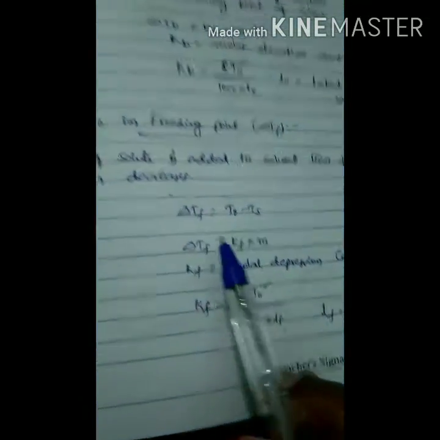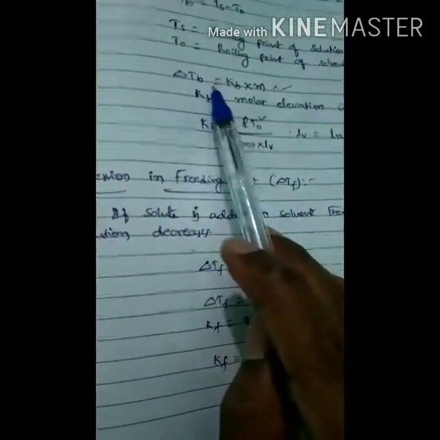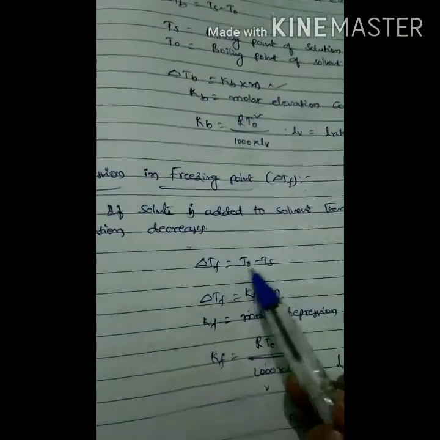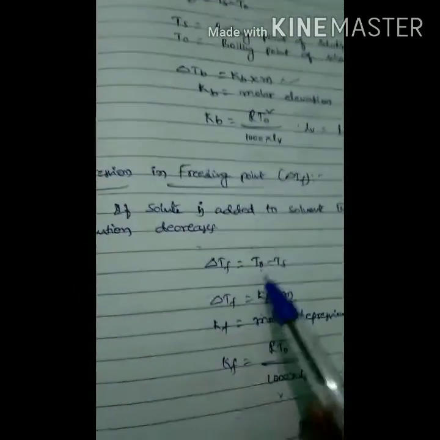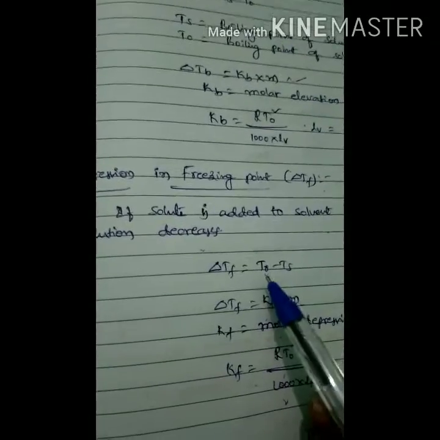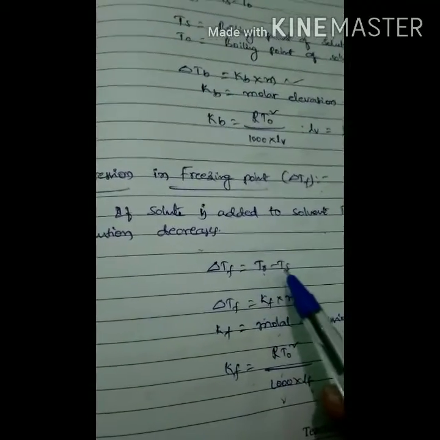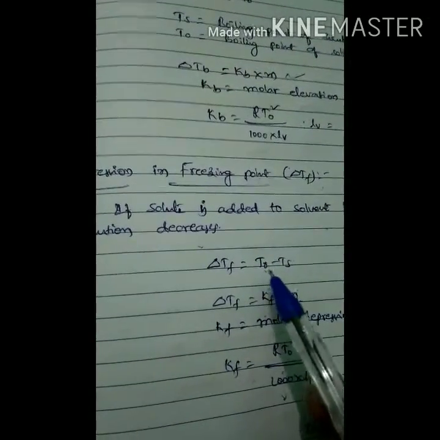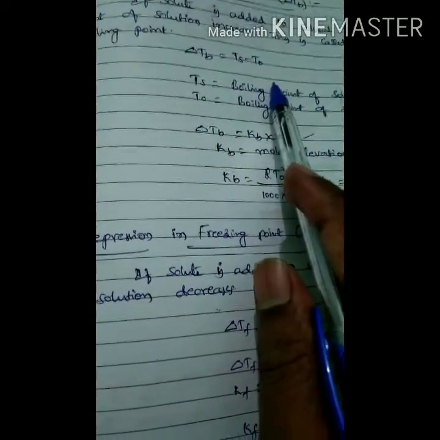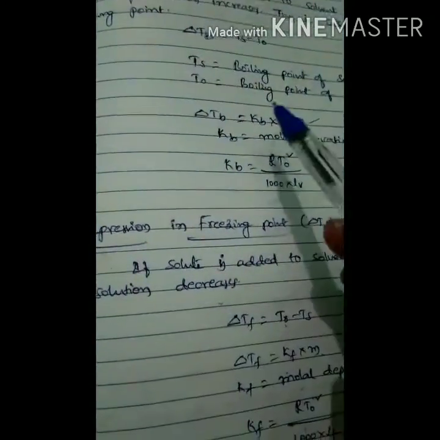And one more point. Here delta Tb equal to Ts minus T naught. But here it is T naught minus Ts, because in this case the freezing point of solvent is more compared to the freezing point of solution. That is why here we write T naught minus Ts, and there we write Ts minus T naught. Don't confuse these two.